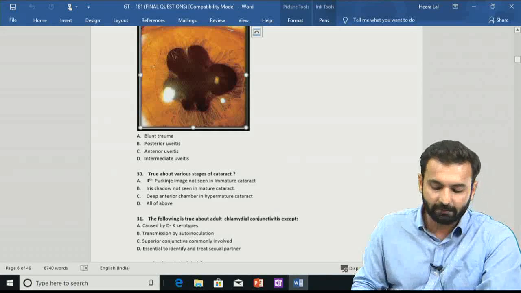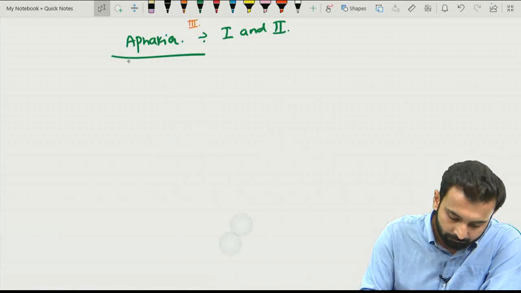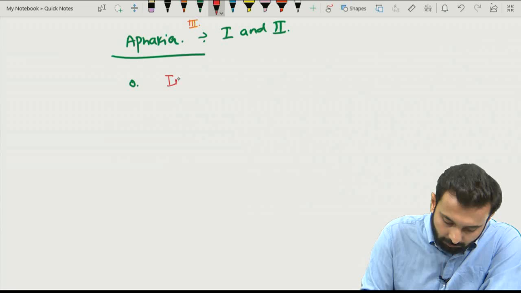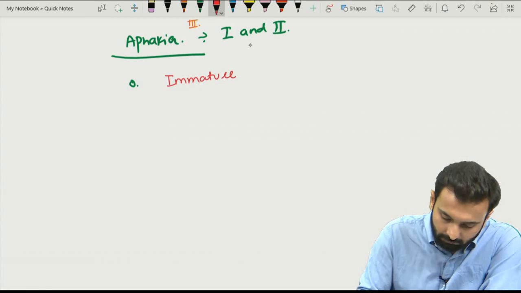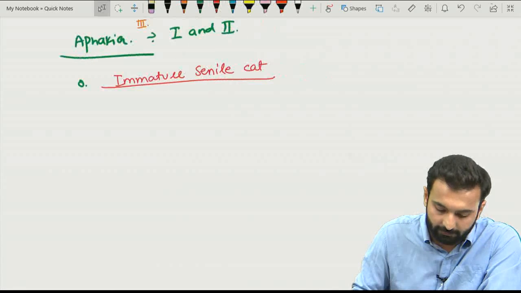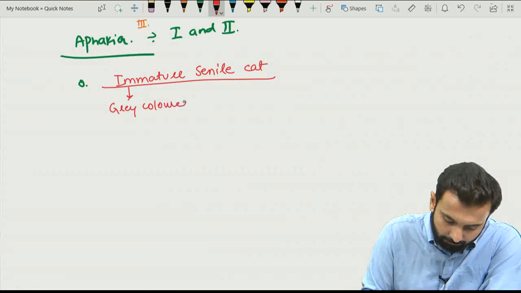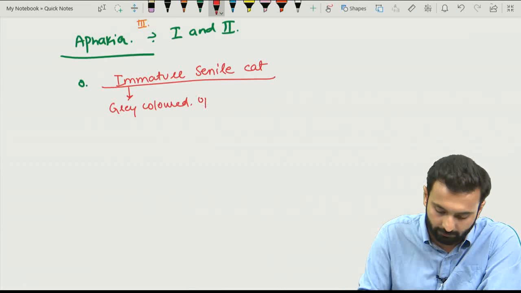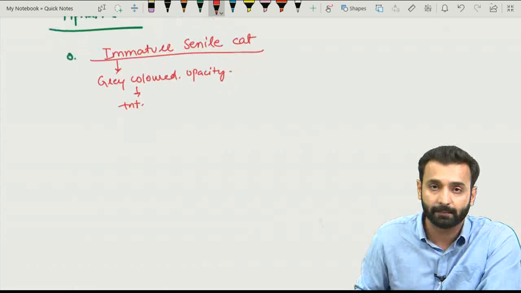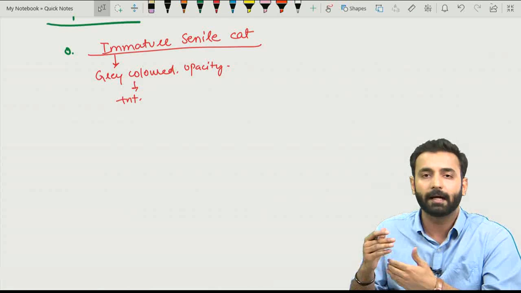The second option they are talking about is iris shadow is not seen in mature cataract. This statement is also true. So what happens is that in immature senile cataract, it is a grey colored opacity, and there is presence of clear lens substance between the pupillary margin and the cataract.